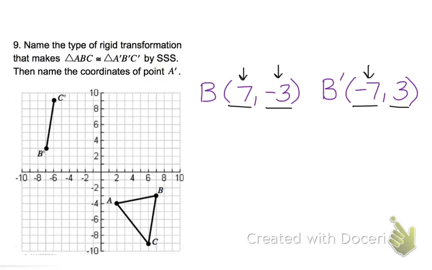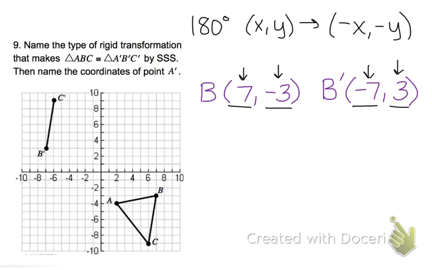And for the y coordinate, it's a -3, and then it changes to the opposite for B', and it becomes a +3. So right now I'm trying to think of which type of transformation the x and y coordinates stay the same, but they also are the opposite.